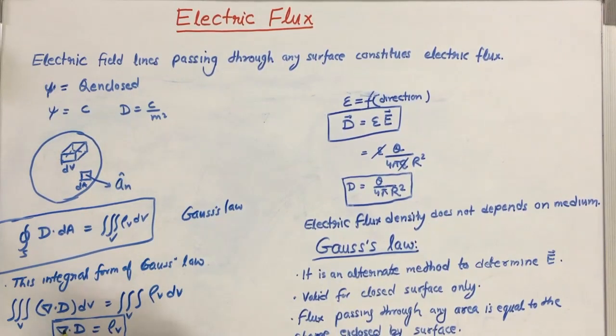Here, due to the use of differentials, it is known as differential form of Gauss law. So this is integral form of Gauss law, this is differential form of Gauss law.